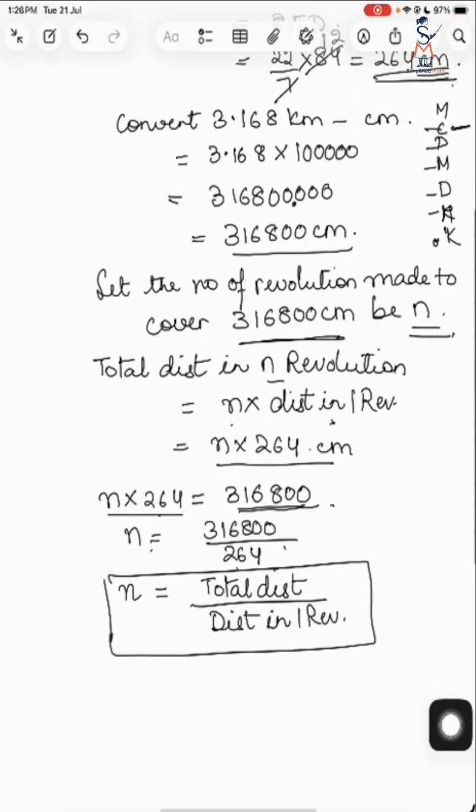Now you will solve this. 316800 divided by 264. This will become 132.